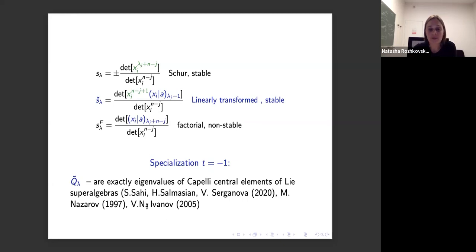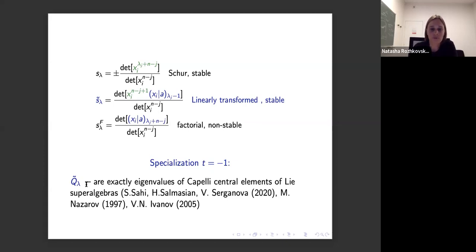Combinatorially, they were defined by Vladimir Ivanov in 2005, but they appeared earlier in works of Maxim Nazarov, and also a couple of years ago they were studied by Sahi, Salmosyan, and Selganova.